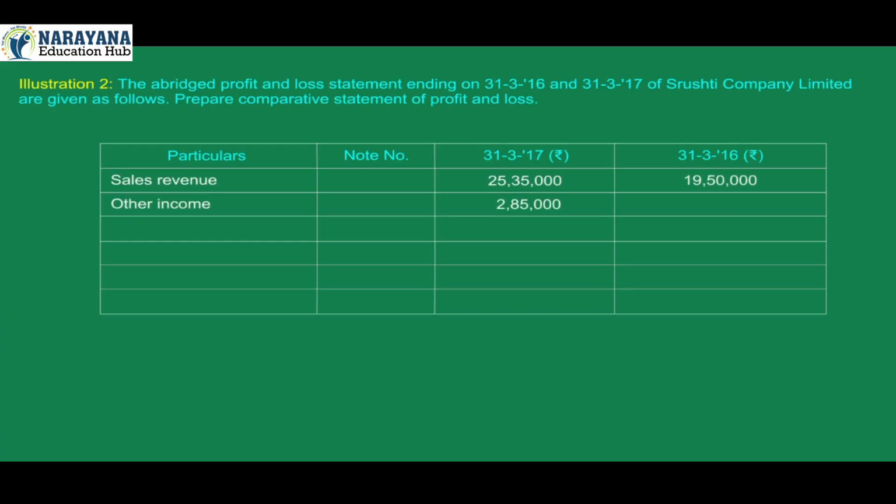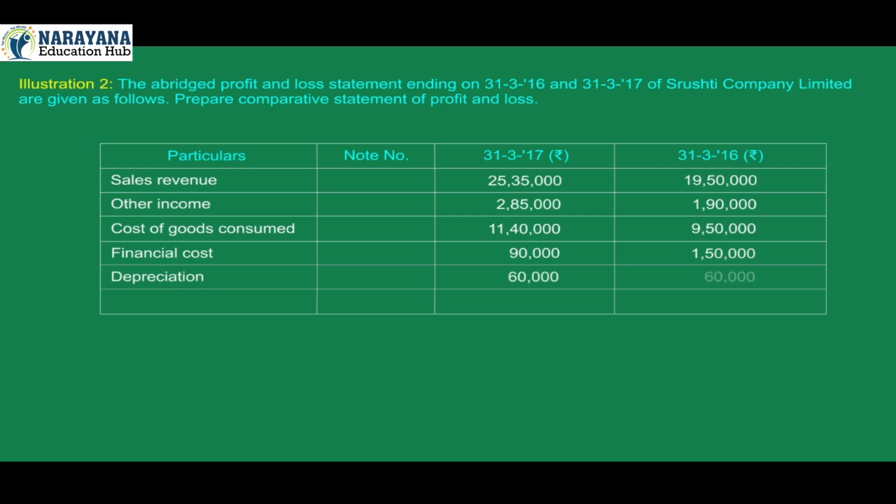Other income 2,85,000, 1,90,000. Cost of goods consumed 11,40,000, 9,50,000. Financial cost 90,000, 1,50,000. Depreciation 60,000, 60,000. Other expenses 4,25,000, 3,40,000. Income tax rate is 30%.